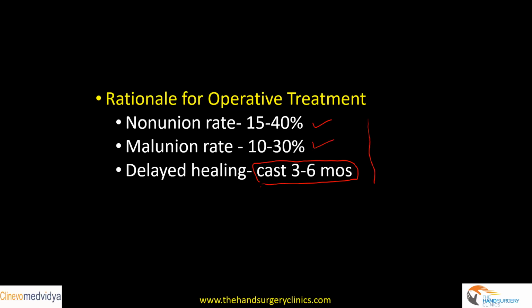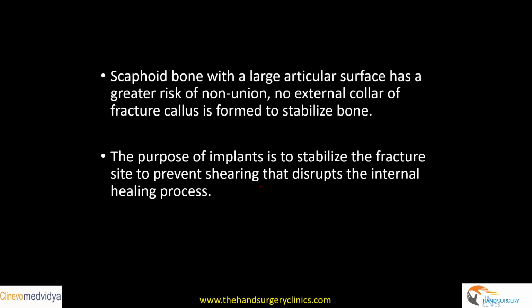However, we need to identify and understand exactly what those indications for surgery are, and we will do that as we go through this particular talk. So the scaphoid is a very peculiar bone with a large articular surface, and it has a greater risk of non-union because there is no external callus that forms which can stabilize the bone.